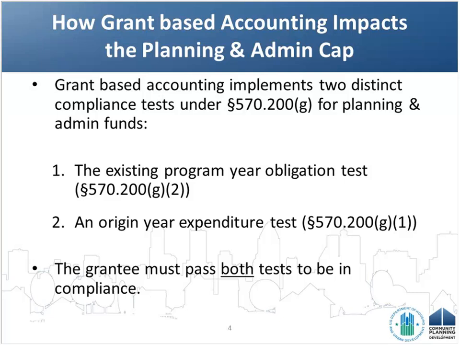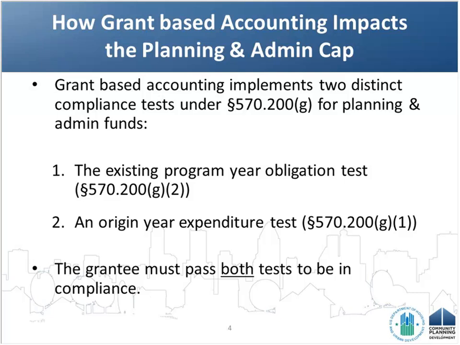The program year obligation test applies to all prior and future program years, versus the Origin Year Expenditure Test that's introduced as new and applies to 2015 and subsequent grant years. That is described at 24 CFR 570.200(g)(1).